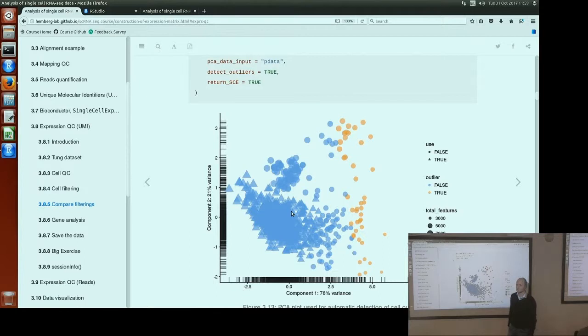Are the spike-ins added before amplification or after? They're added before, usually just before reverse transcription.